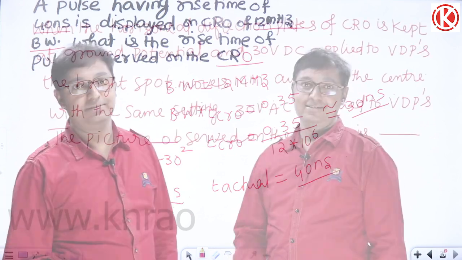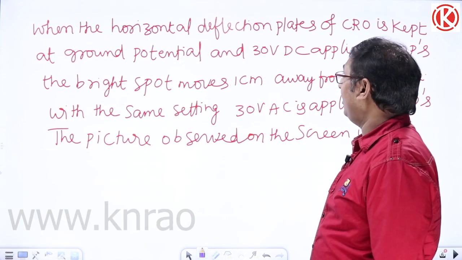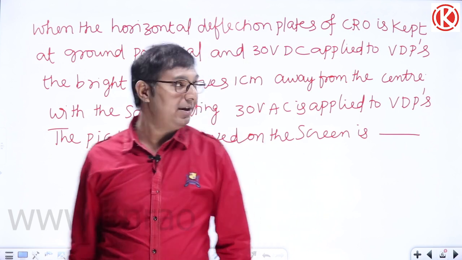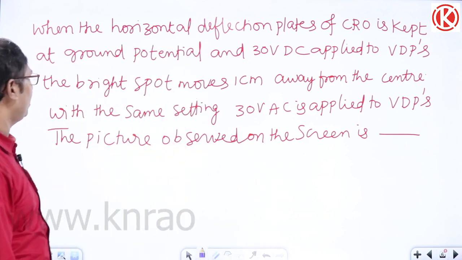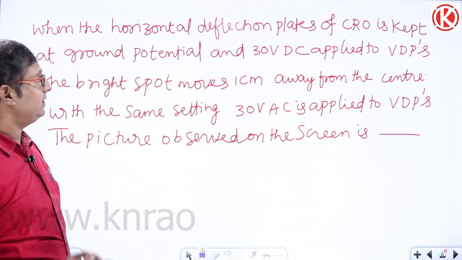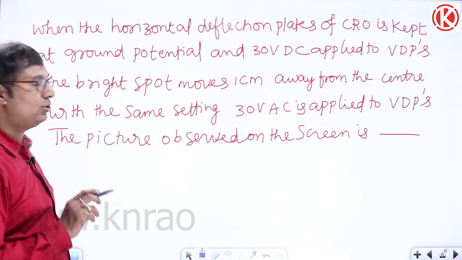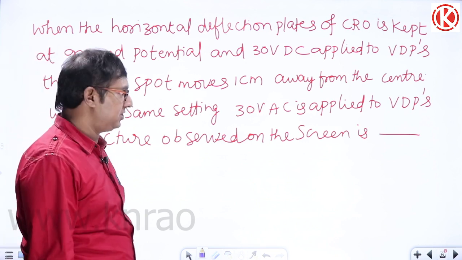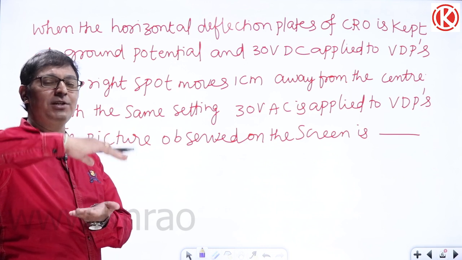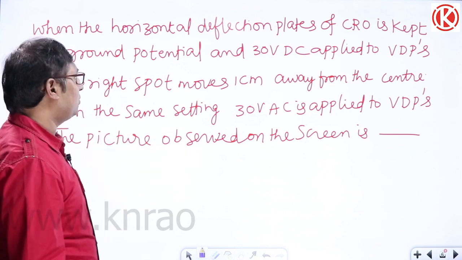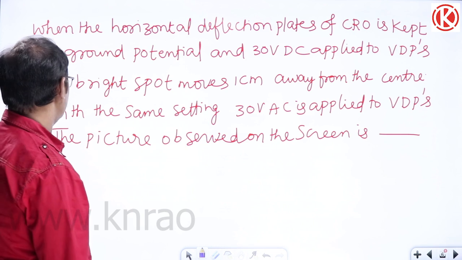Done? Right. Next question: when the horizontal deflection plates of a CRO are kept at ground potential and 30 volts DC is applied to the vertical deflecting pair of plates, that is my Y input signal, the bright spot moves 1 centimeter away from the center.